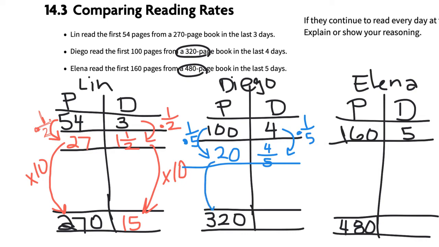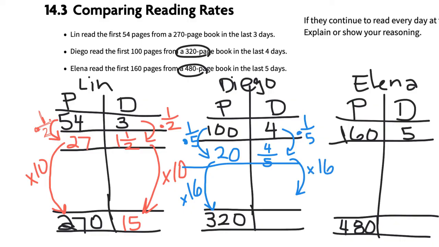And then I can multiply, oh my goodness, that's pretty straightforward. I can multiply by 16, that gives me 320, which means I'm going to multiply this by 16.